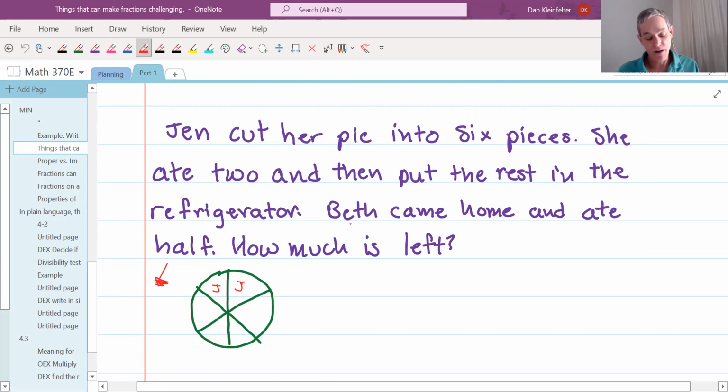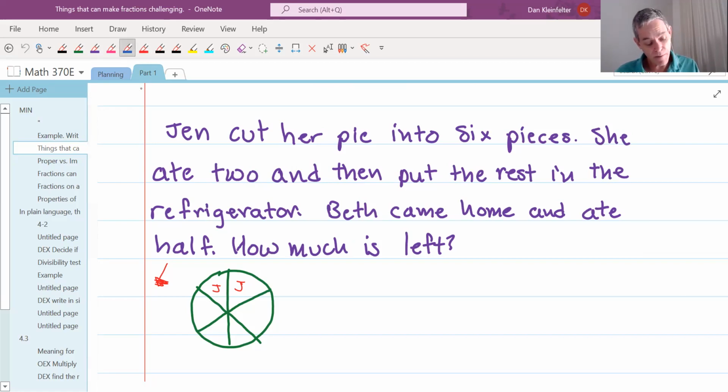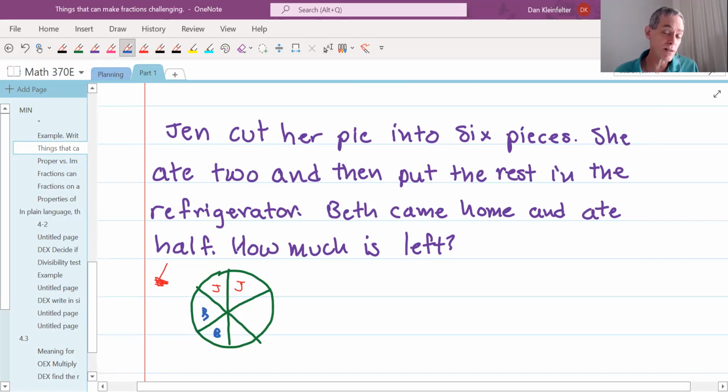Okay. If Beth comes home, Jen says, oh, there's pie in the refrigerator. Save me some. And then Beth says, okay, well, I'm going to have some, but I'll save her some. And she eats half of what's left, then that's different than eating half of the pie. If Beth eats half of what's left, then that's 2 pieces of the original pie.